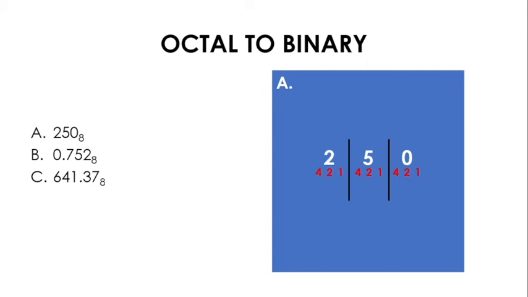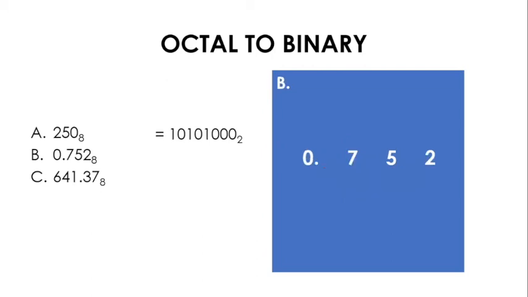As you can see, 0 is 000, 5 is 101, and 2 is 010. So the binary equivalent of 250 octal is 10101000.